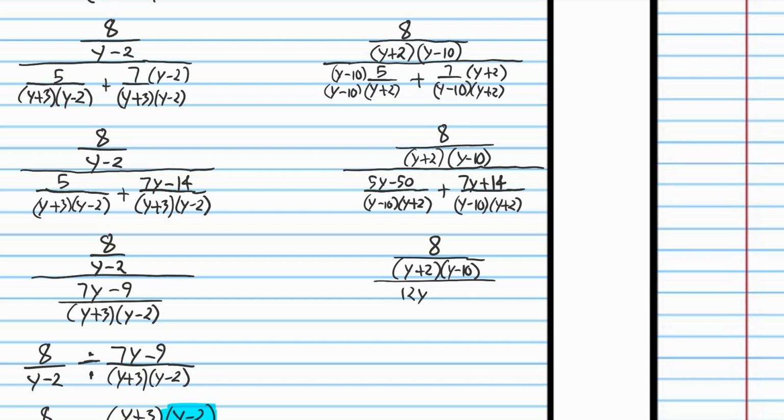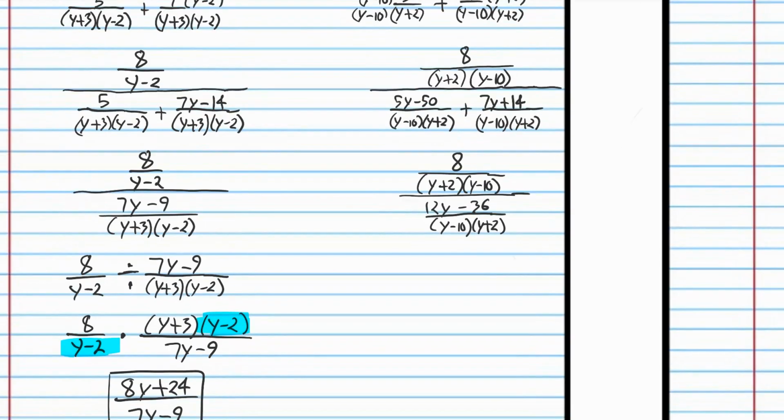Negative 50 plus 14 would be negative, let's see here, negative 36, I believe. And let's see here. All right.